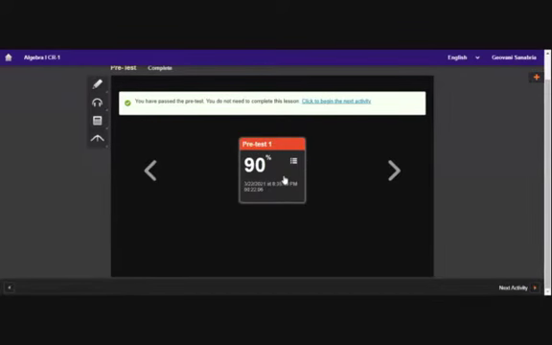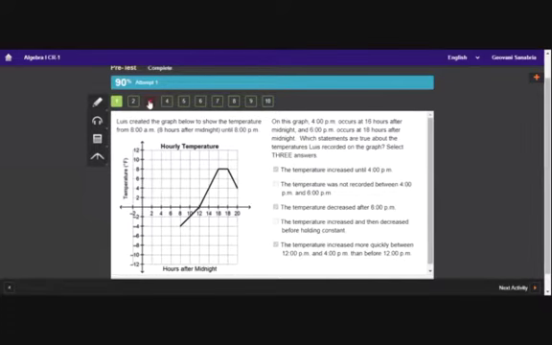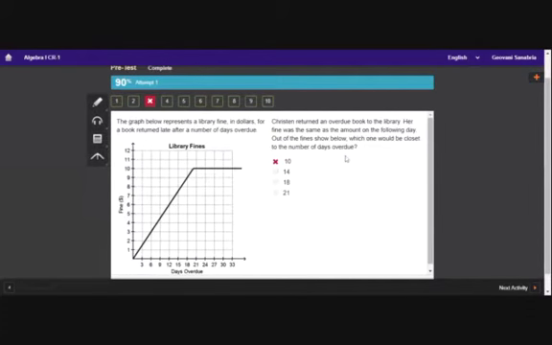Oh, that one's wrong. Out of the fines shown below, which one would be closest to the number of days? Oh, shoot. It did say number of days overdue. So it should have been 21. I read it wrong.